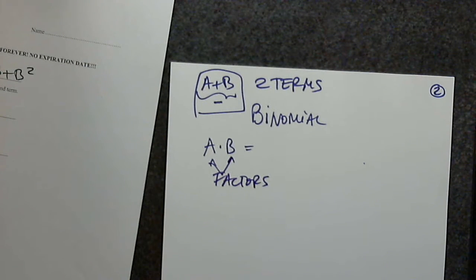And I also told my previous class, take a little notepad or index cards or whatever, and every day accumulate something in there. Something like, well, binomial is the sum or difference of two terms. And when we multiply two quantities, they are called factors, and so on and so forth. When you review this for any test or final exam, all the terminology will be condensed in one place.